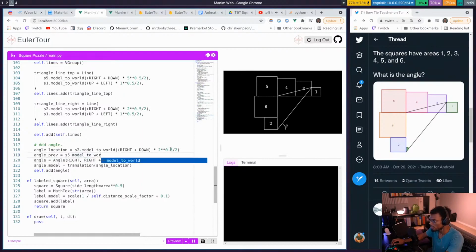Model to world. Right plus down. Take this square root divided by 2. No, wait. I think that's right.